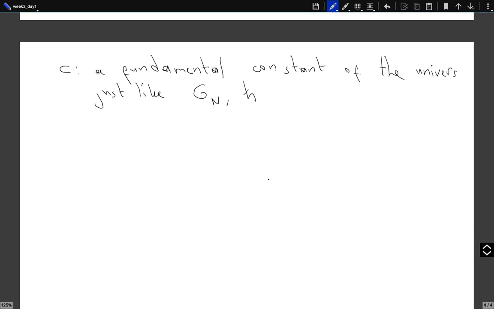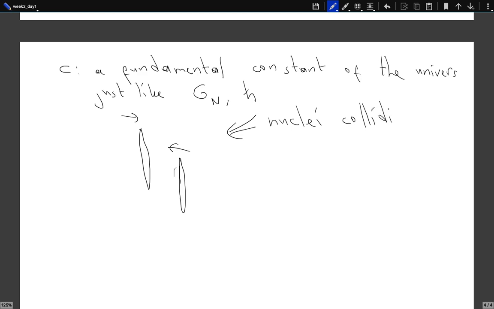The nuclei that are colliding in the LHC have this shape, because of length contraction. They are very narrow. So we should take that into account.